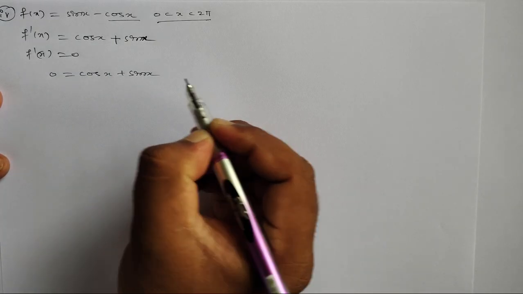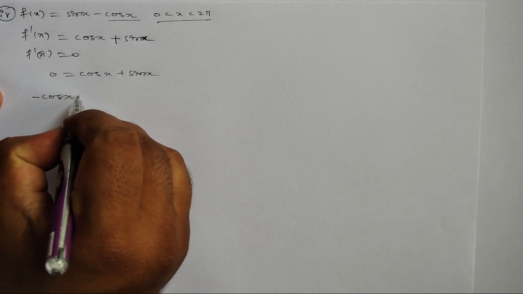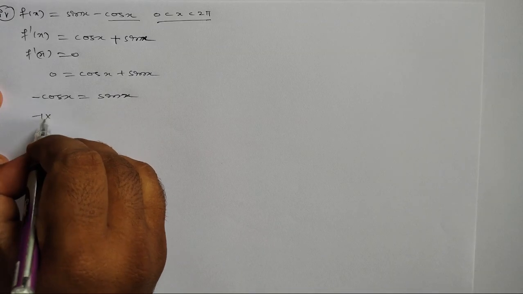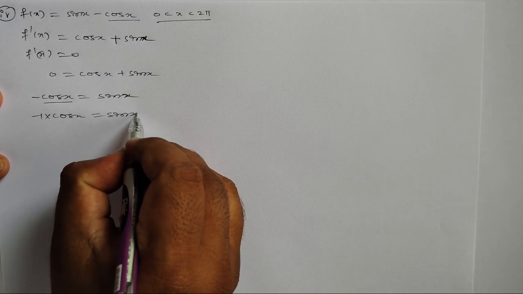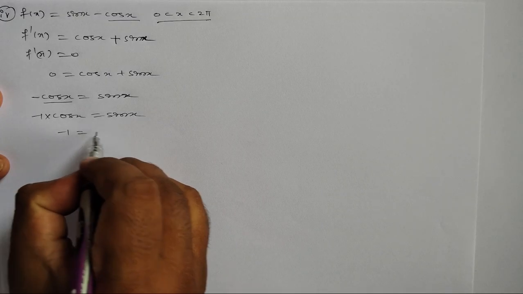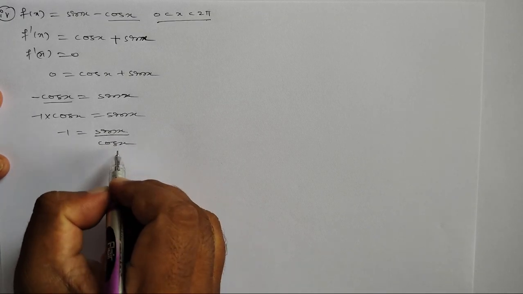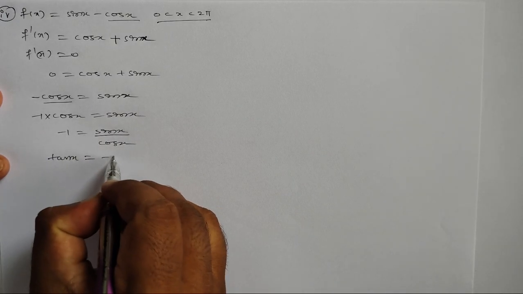We'll take cos x to this side, this becomes minus cos x equal to sin x. Can I write minus 1 into cos x? Minus cos x is equal to sin x, right? So minus 1 equals sin x divided by cos x. Sin x divided by cos x becomes tan x. Tan x is equal to minus 1.